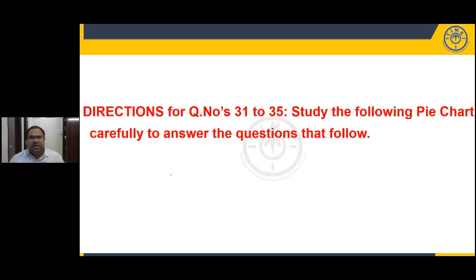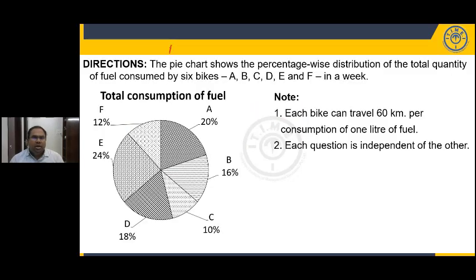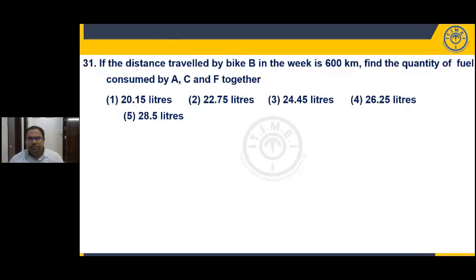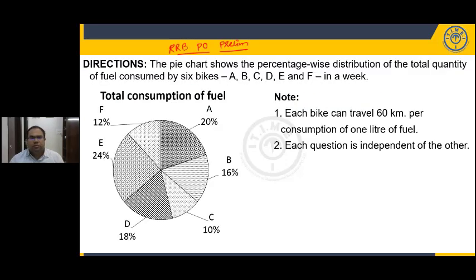Okay. Next one. Study the following pie chart. This is RRB PO Prelim model. Try this one. Percentage wise distribution of total quantity of fuel consumed by 6 bikes in a week.